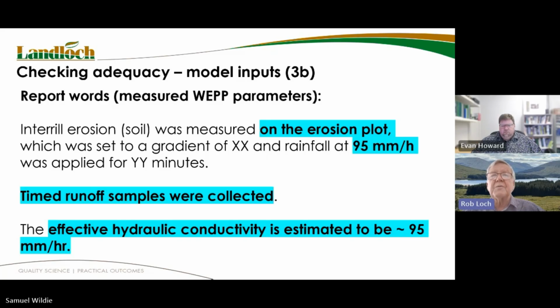So when we see evidence that the person is trying to use an infiltration equation that isn't even the one that WEP works, we have to conclude that they haven't read the WEP manual, which is again of concern. And then we move to a final point, that the infiltration rate of apparently 95 mils an hour into a soil, and that is mentioned, it's a soil, is extremely unlikely, making the data even more improbable.